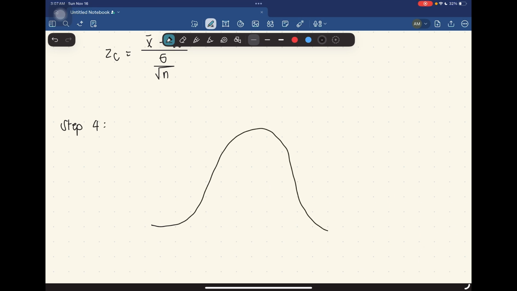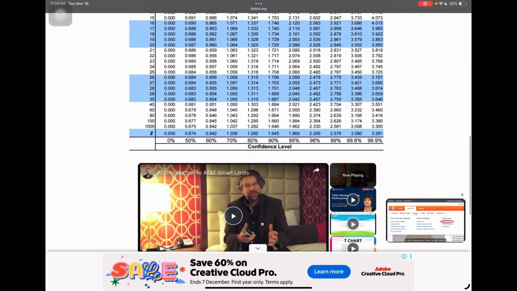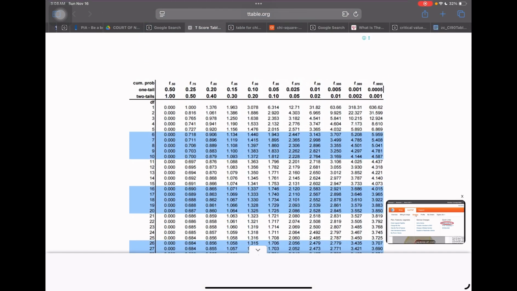Let us draw first the bell curve, and the critical value is equals to, let us check from our table where our level of significance is equals to 0.05 and Z-test nga ang gagamitin natin.